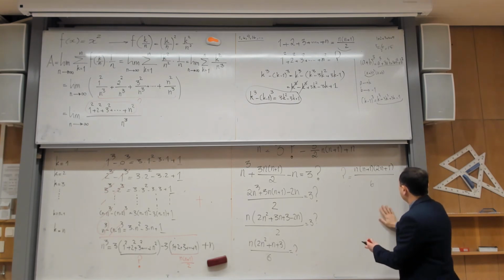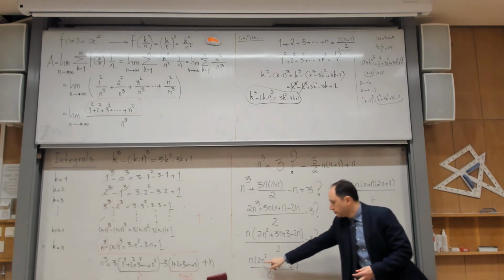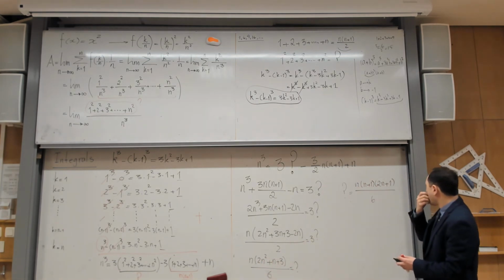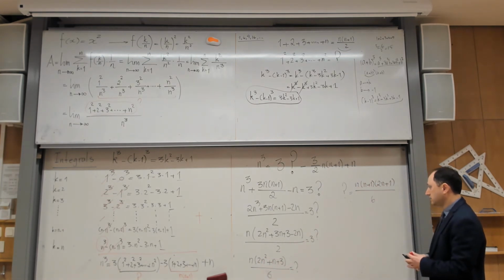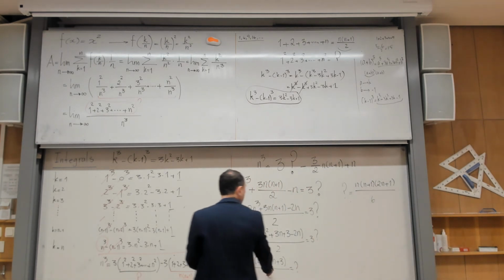Why is that? Because take your time to multiply. N times 2n is 2n squared. Yes? But before you factor out, shouldn't it just be minus 2? Yeah, I have a small mistake somewhere because this formula is in my head. What I get is I miss something here.